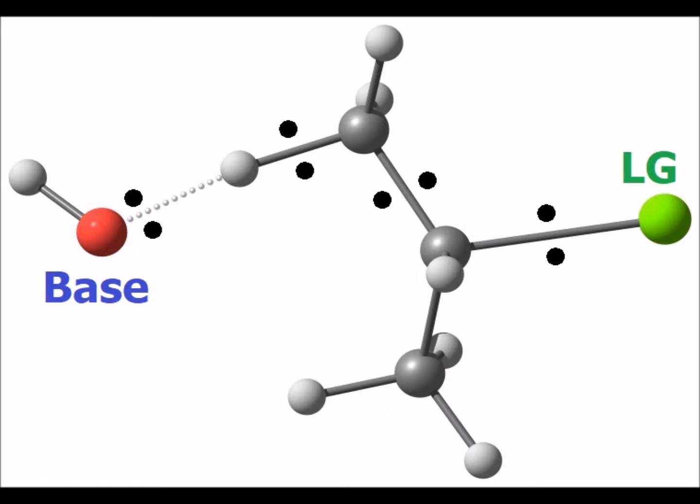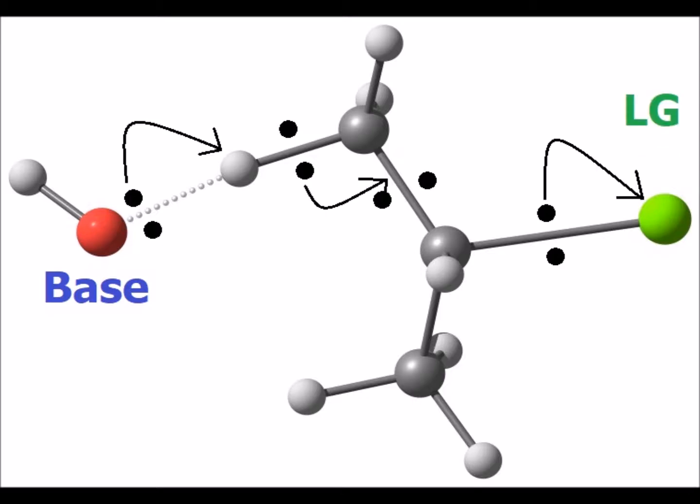Here we've added dots to show the important electron pairs involved in this E2 reaction. E2 is a concerted reaction, which means that all the flows of electrons displayed occur simultaneously.